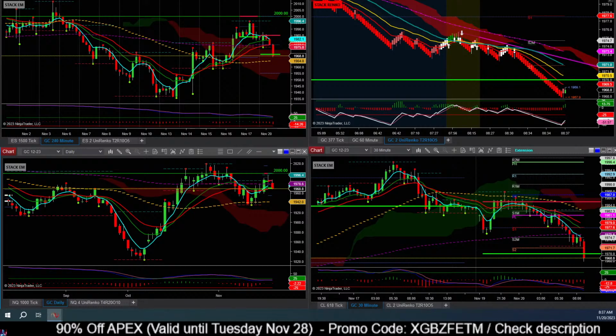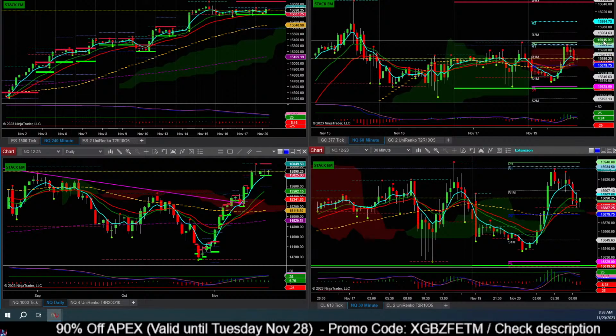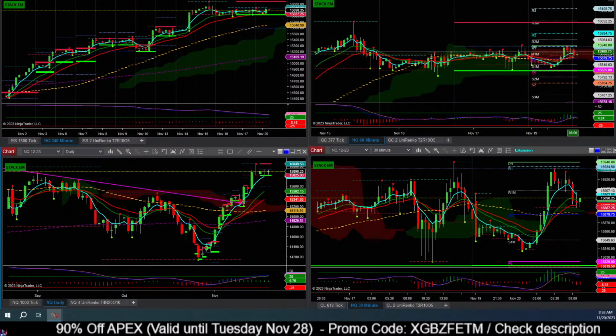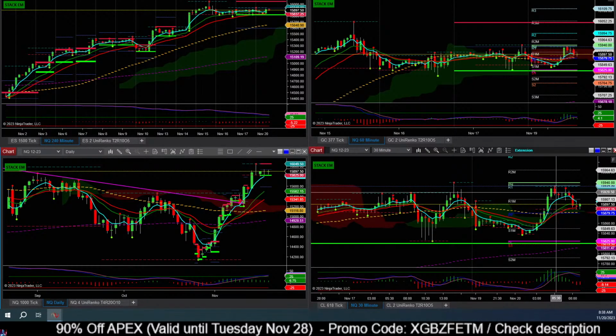A little bit extended. Okay, so let's complete the analysis on NQ so we can complete the video. I was saying here that NQ is moving sideways, and right now it's bouncing off of this 50 SMA right here, but it's in congestion, so it's really compressing.